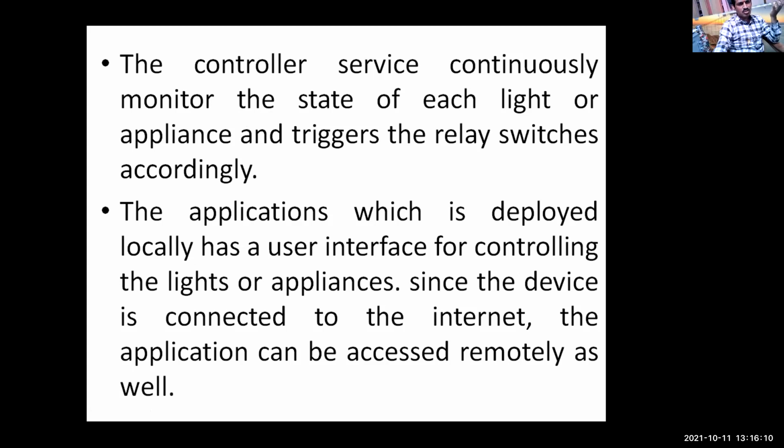The user can view whether the light or appliance is in the on state or the off state, and it triggers the relay switch accordingly. It can switch on or off through the electronic relay switch, depending on our need.